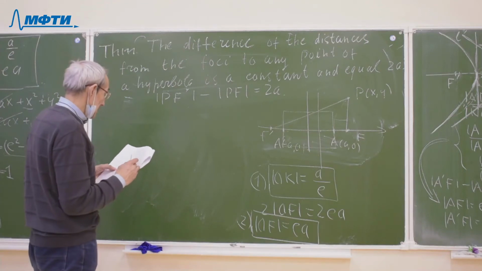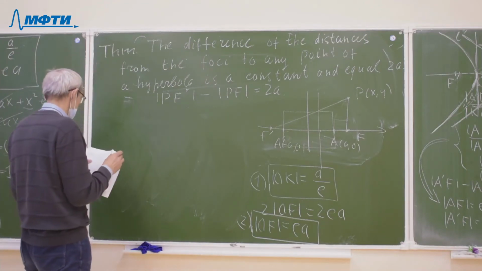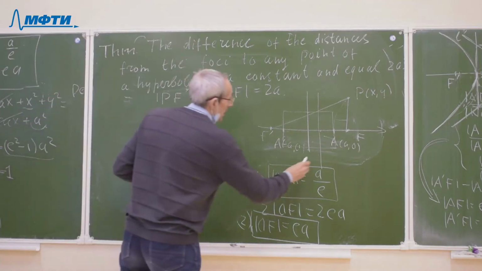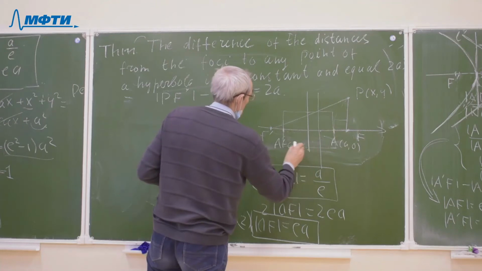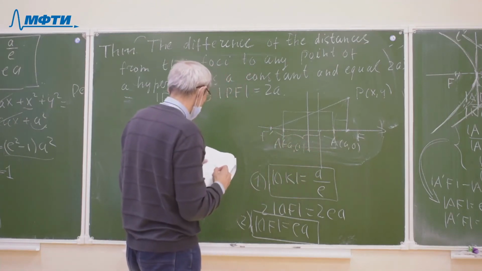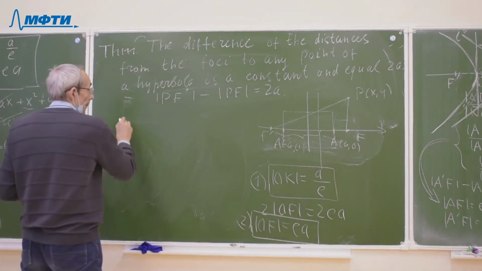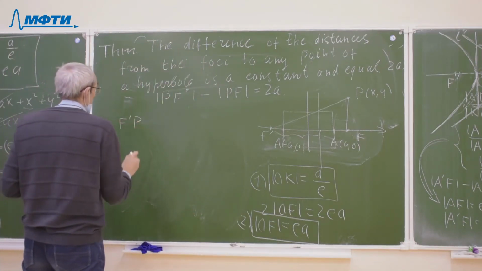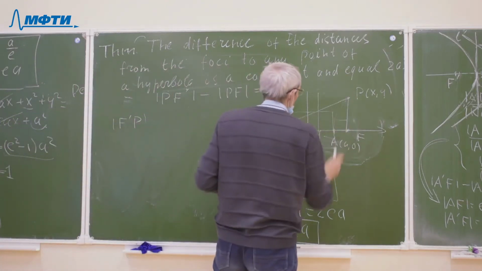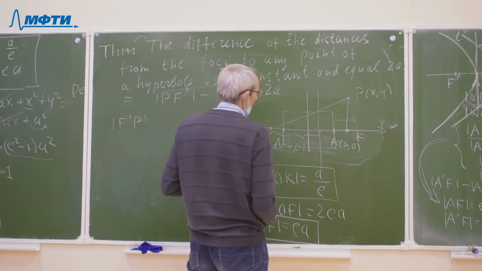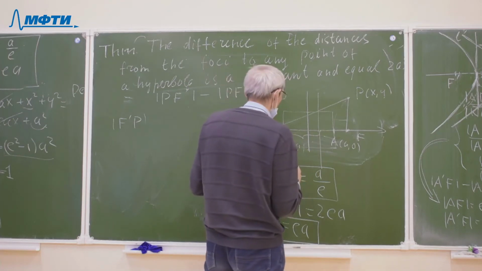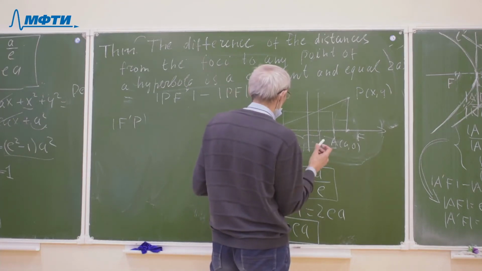F prime P is the distance to point P, and the distance P prime Q.